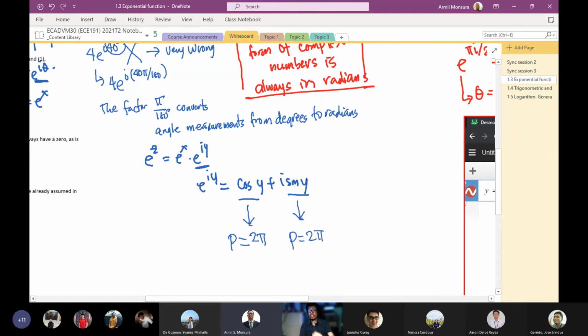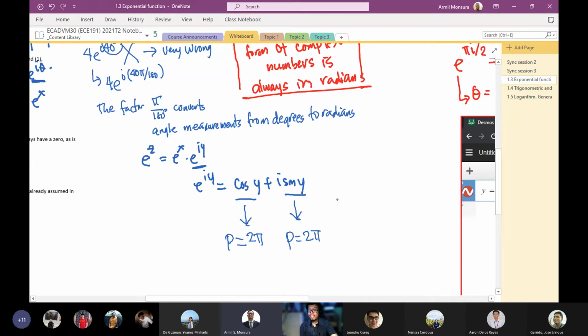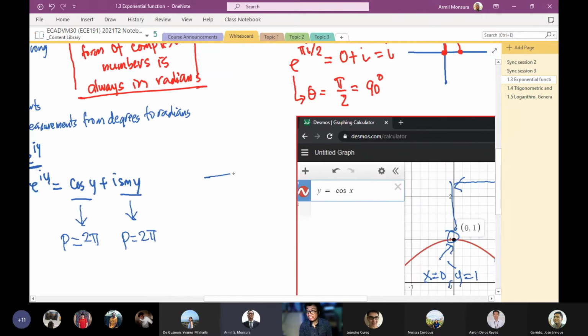You can also verify that periodicity property by taking a look at the coordinate system. Kung titingnan niyo siya in terms of the coordinate system, ito yung periodicity niya. So you start here, for example. Now, you go 2 pi around the Cartesian plane, and you'll end at the same point.